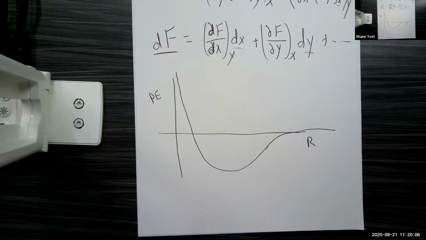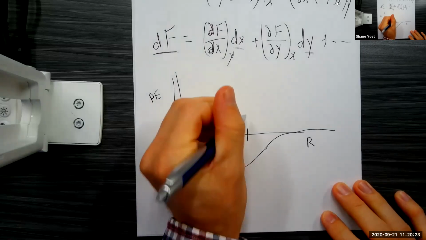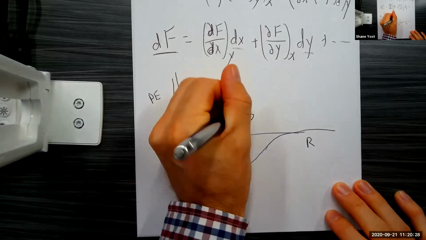If you average over time their separation distance as they move around, you'll get some value. Let's say that value is here, my average distance between my gas molecules at volume 1.